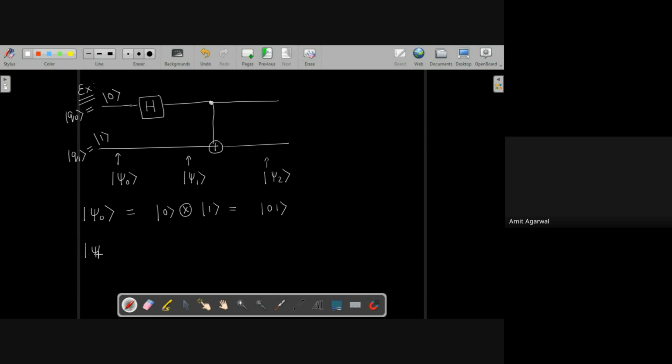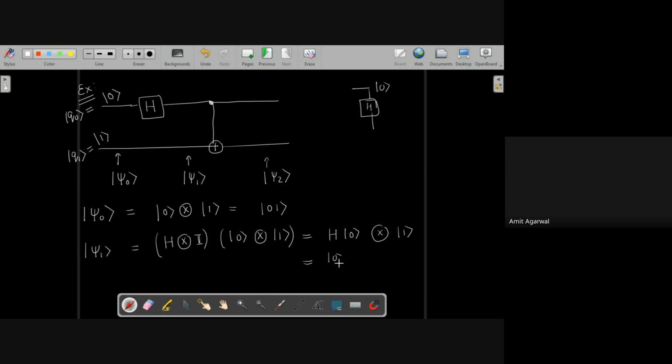Then the second composite state: what we are doing is applying the Hadamard gate to the first qubit, and applying identity to the second qubit. So this is the notation which we use for that. We all know that when we apply the Hadamard gate to the 0 state, what do we get?